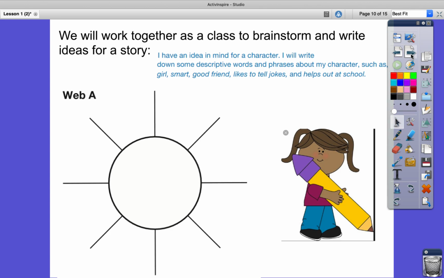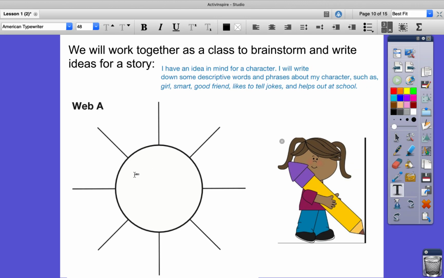So we will work together as a class to brainstorm and write ideas for a story. First, in this web here, we have an idea for a character. Maybe we want to call our character Emma.